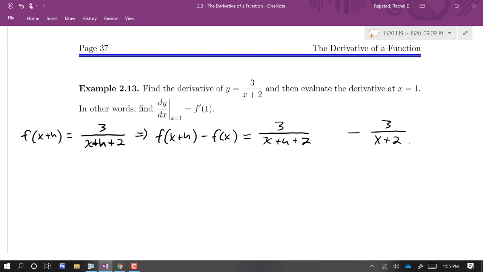So x plus h plus 2 and x plus 2 are completely different factors. The only way I'm going to get a common denominator is if I take x plus 2, multiply top and bottom here, and x plus h plus 2, multiply the top and bottom here. So we'll do that.